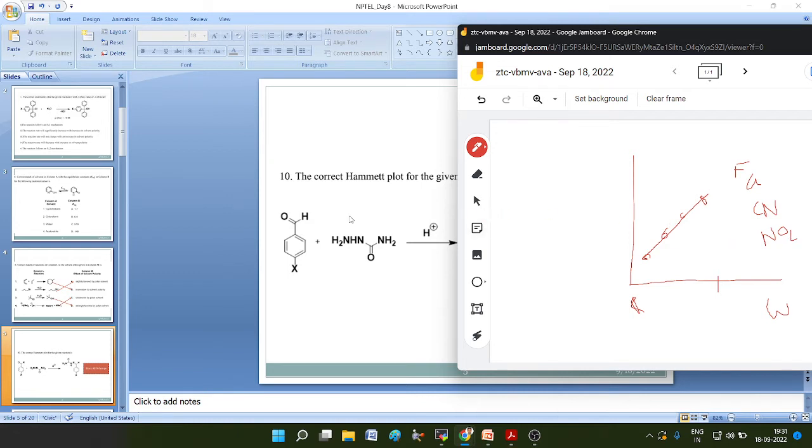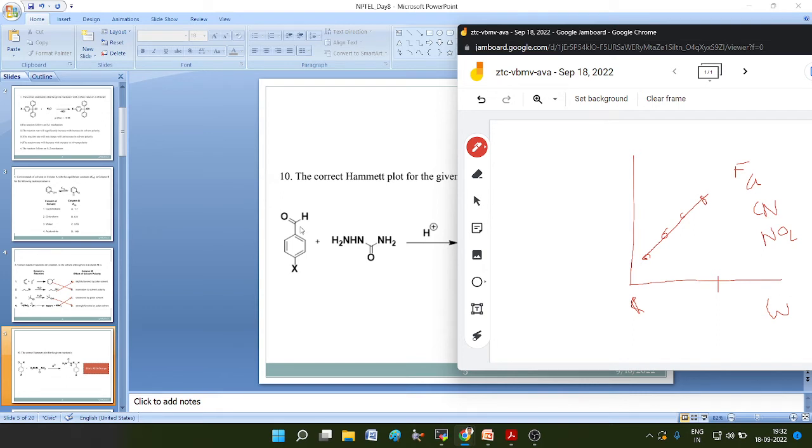The first step, that is the attack of this NH2 group to this carbonyl center, is no longer the rate determining step, because it will have a high positive charge here, because X will be electron withdrawing, right? So this attack of this NH2 group to this center is very fast. It is so fast that it is no longer the rate determining step, so it doesn't matter at all. So if you have fluoro, chloro, cyano or nitro, it is not the rate determining step, so it will attack very fast. Okay, so there is no effect.